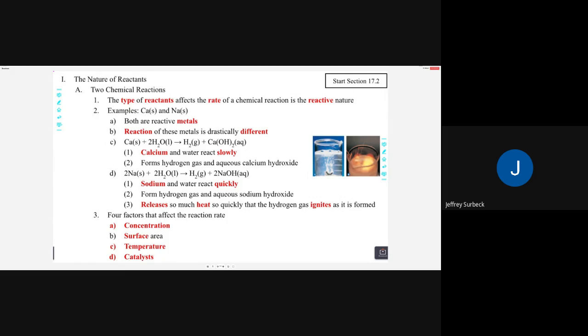The other thing to be aware of is that particles to enhance or to talk about the speed have to have two things happen. One, pieces have to smack into each other, collision theory. They have to smack into each other hard enough with the correct orientation.